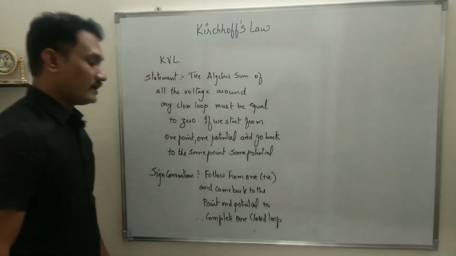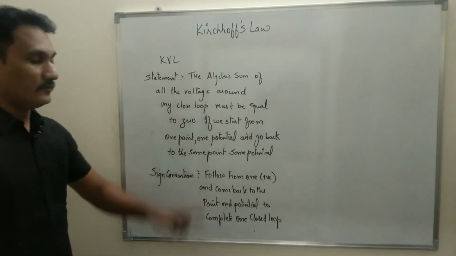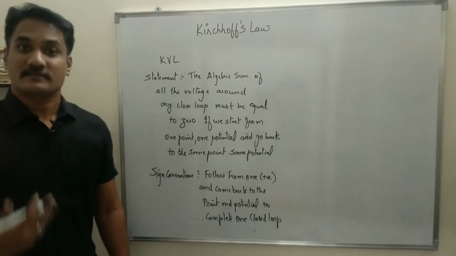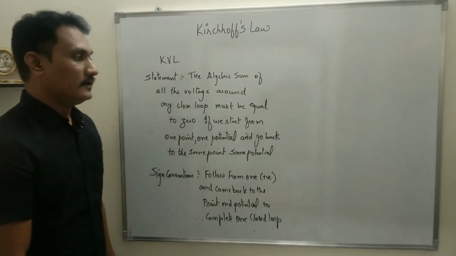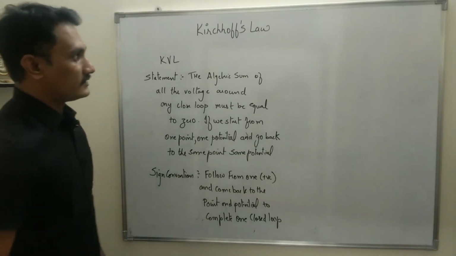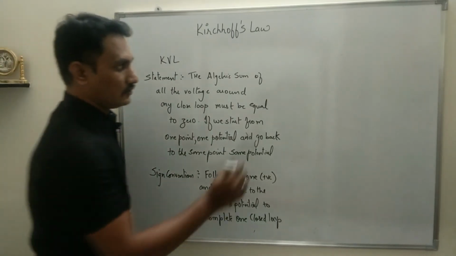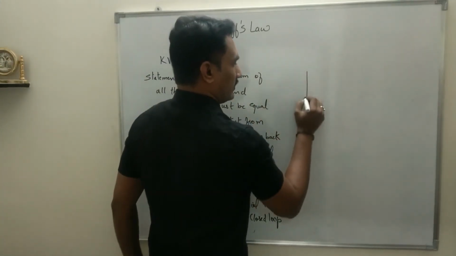So we will try to understand what exactly we mean by closed loop. You have to understand this for simplifying the circuit using Kirchhoff's voltage law. So I will draw the circuit diagram.